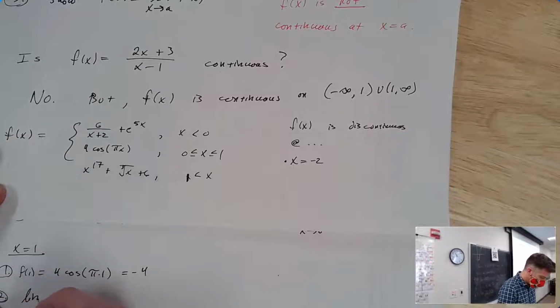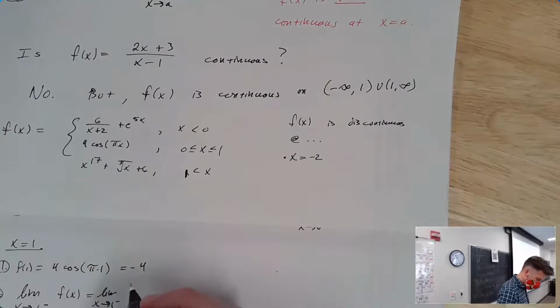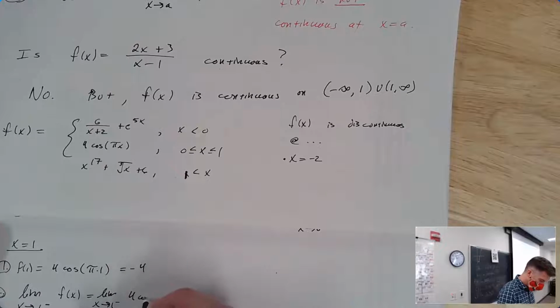So I like to write that part first. The limit as x approaches 1 from the left of f of x is the limit as x approaches 1 from the left of 4 cosine of pi times x, which is going to be -4.